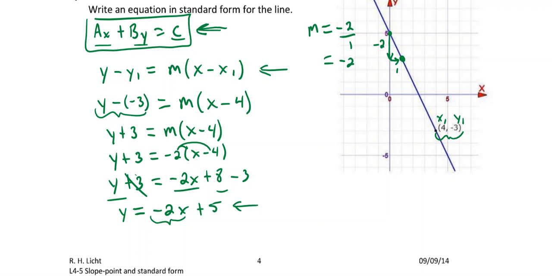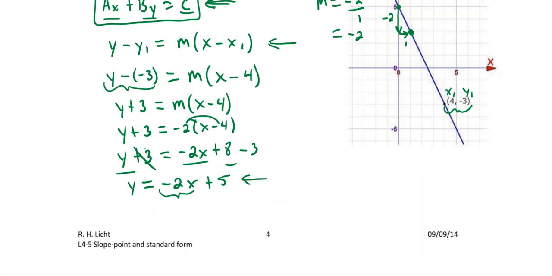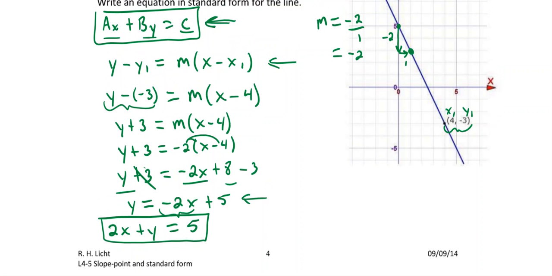It's negative on that side. So when I bring it over to the other side, it's going to be positive, right? So just 2x plus y is equal to 5. And then that's it. That's our equation of our line in standard form. Okay, good. Okay, one little caveat here.